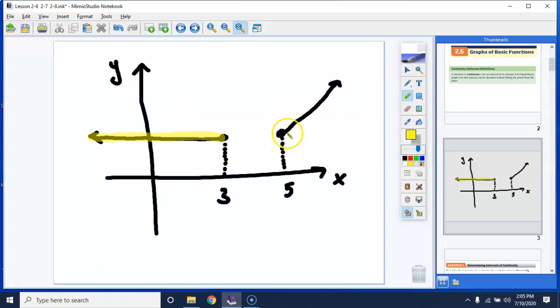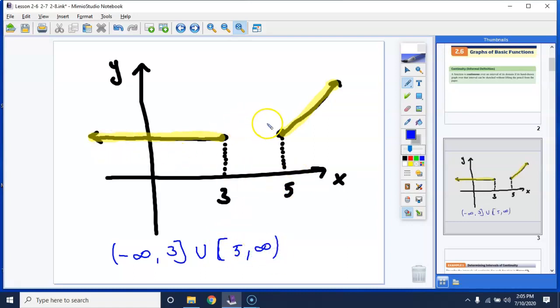But in math, we say it this way: this graph is continuous here and here. So let's say from negative infinity up to 3, and 5 should be a bracket to infinity.